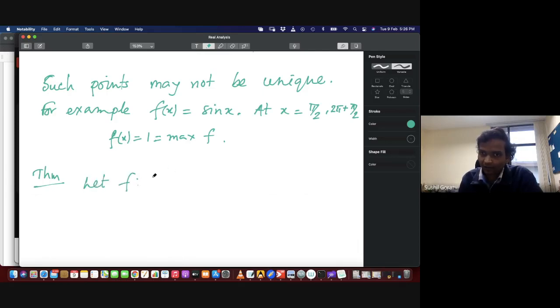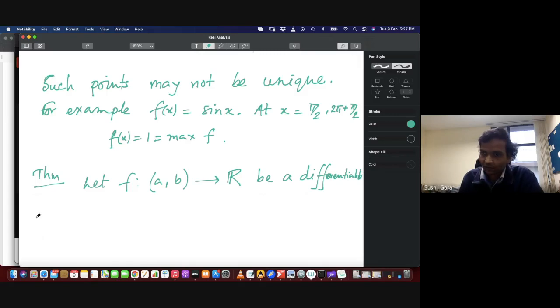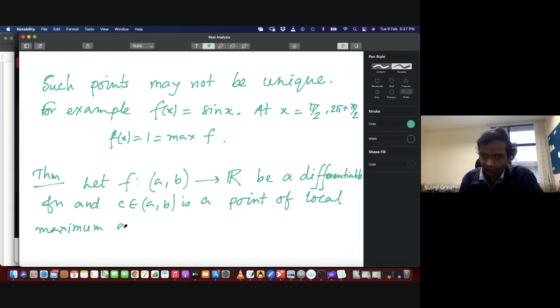Let f be a map from the open interval (a, b) to R, be a differentiable function, and c belongs to (a, b) is a point of local maximum or local minimum, then f prime c is 0.